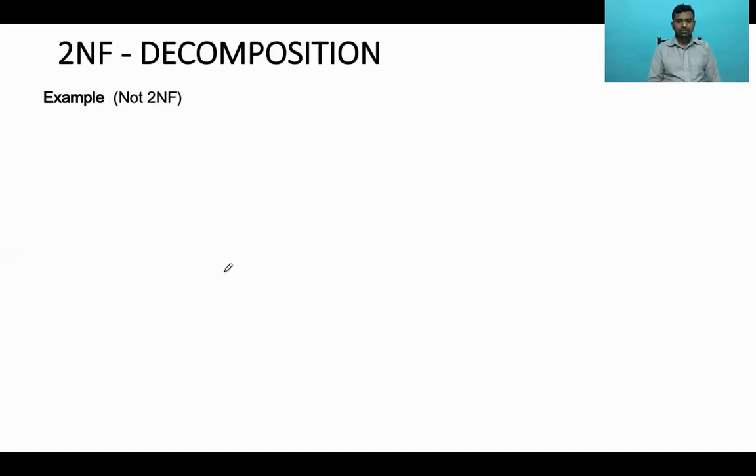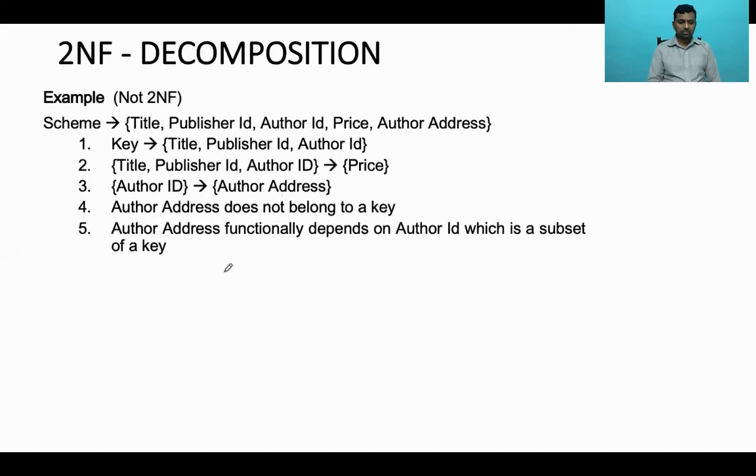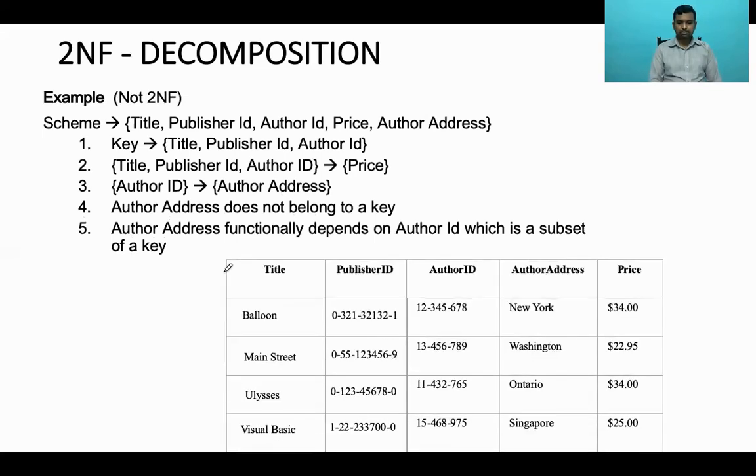Let me give you an example. I have title, publisher ID, author ID, price, author address, all those things in a table. Now in this table, what is my primary key? Probably I can take author ID or publisher ID or anyone. What are the possibilities to make it a primary key?